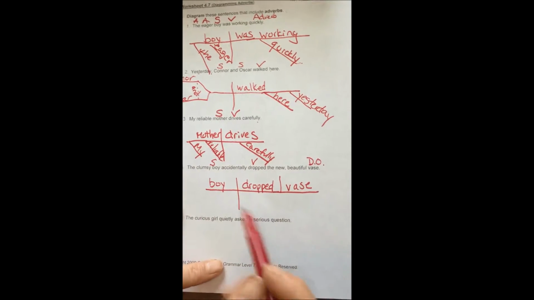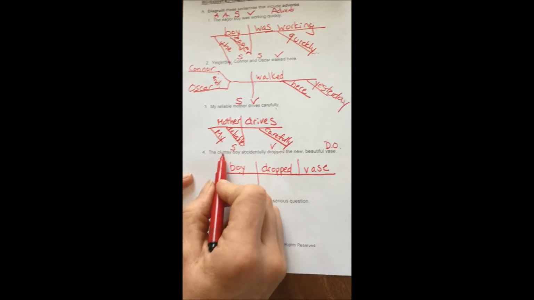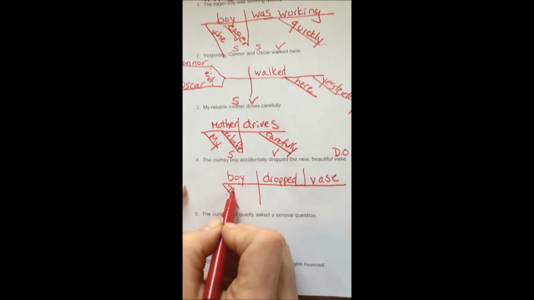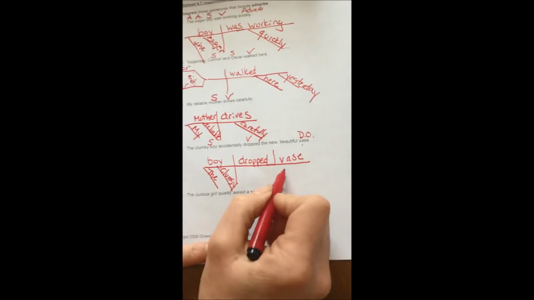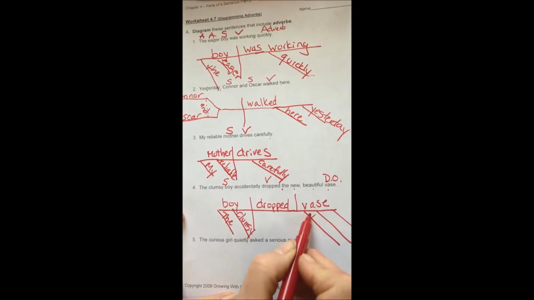Okay, now let's look. We have words that modify boy. Which words modify boy? Two adjectives. The and clumsy. Okay, what modifies vase? 3 adjectives. The, new, and beautiful.